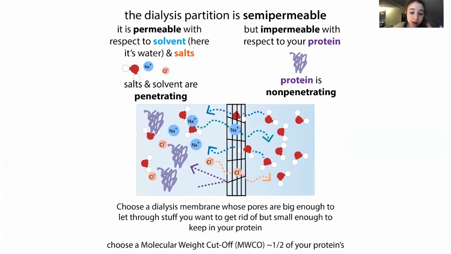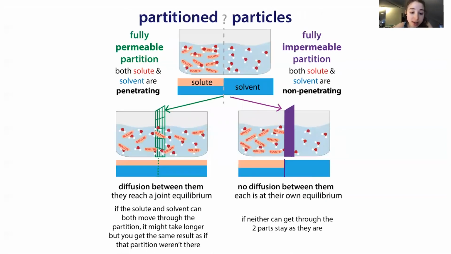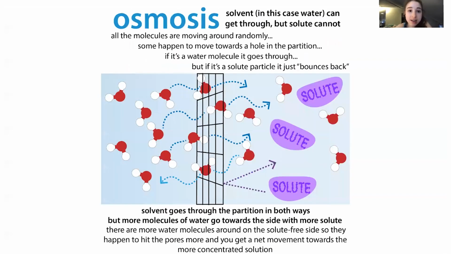And so a lot of times in biology and biochemistry, we're dealing with situations that aren't as clear cut as this classic osmosis example. And this can get kind of confusing when we're talking about things like osmotic pressure.